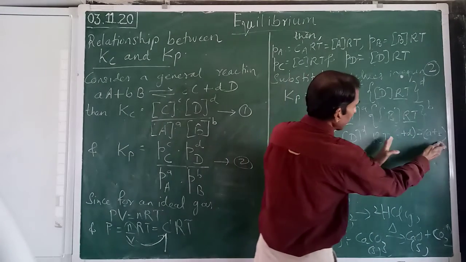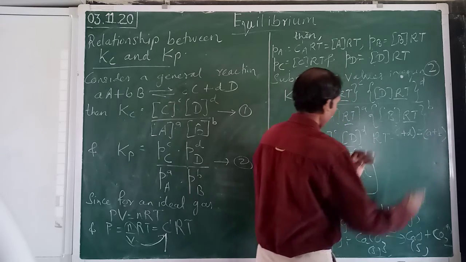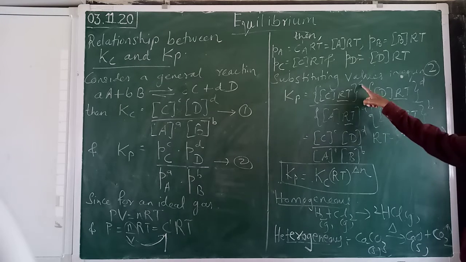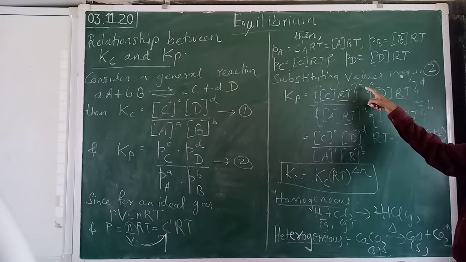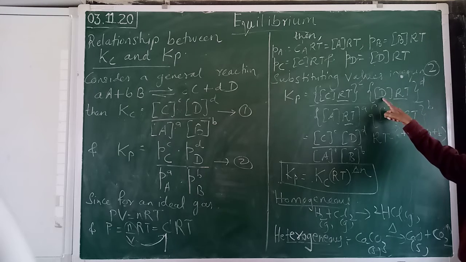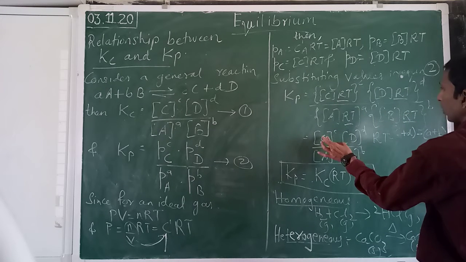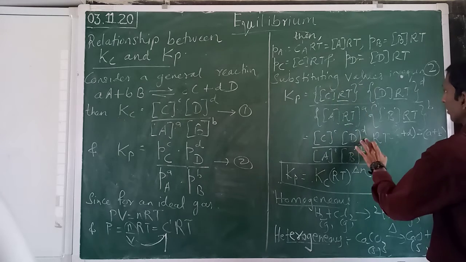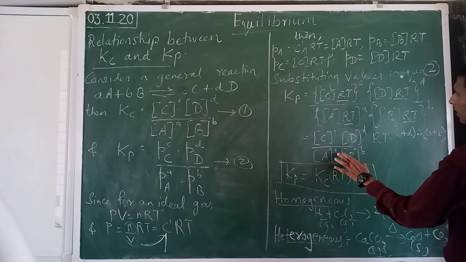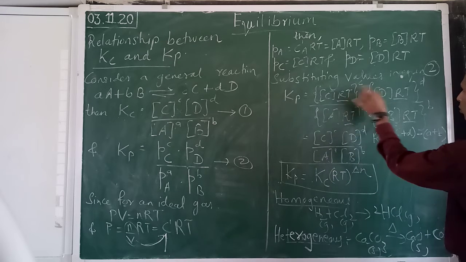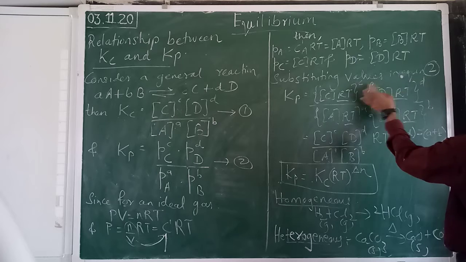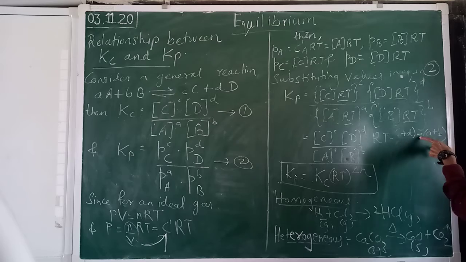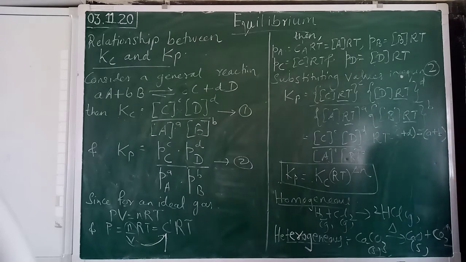If these terms are written in brackets, the molar concentration of C has index c, D has index d, then A raised to a, B raised to b. RT is common, and the addition of indices gives c plus d, and because of the division sign, minus a plus b.